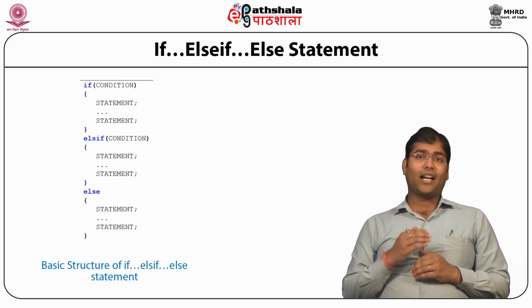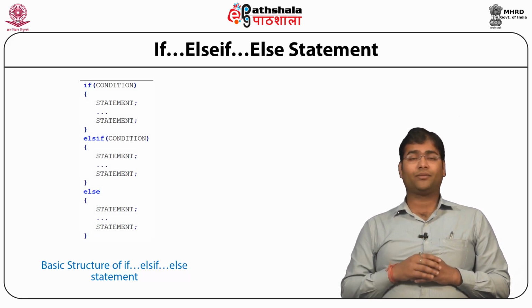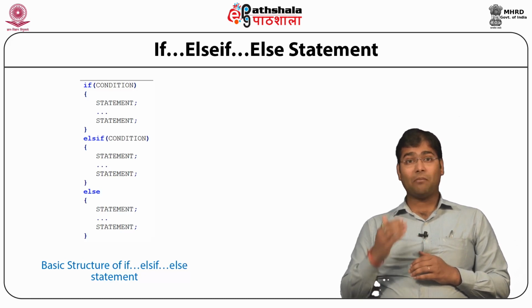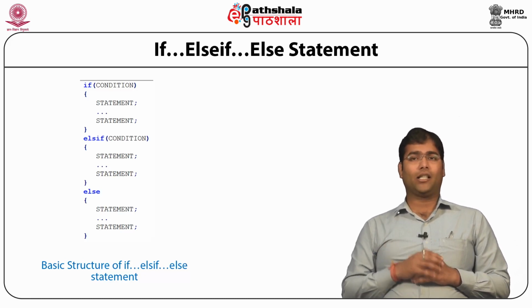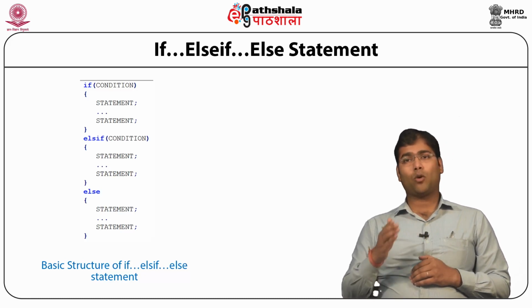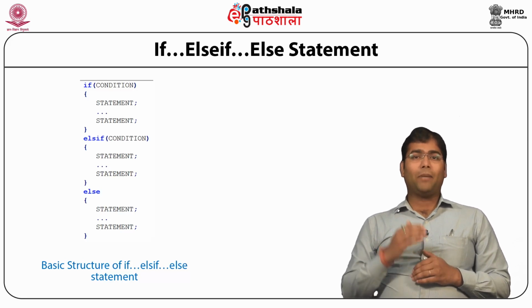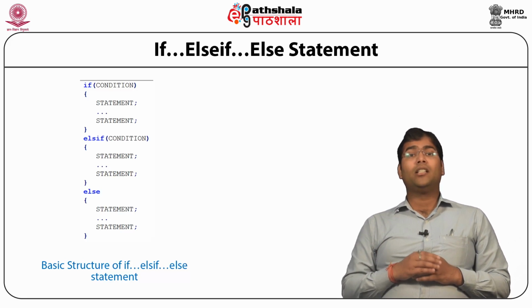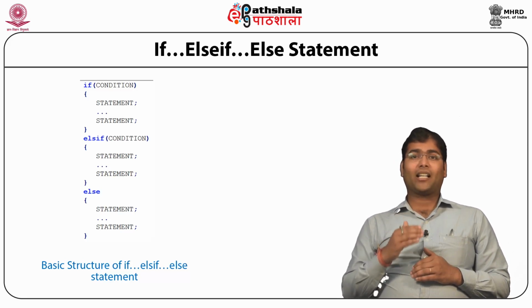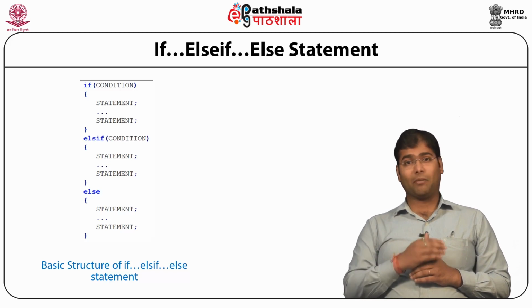The third conditional statement is the if elsif else statement. In this statement, we can execute statements on the basis of several conditions. It will check all the conditions and execute the block where it finds the condition is true. The basic structure is if, under brackets the condition, which can be an expression also, and in curly braces statements.